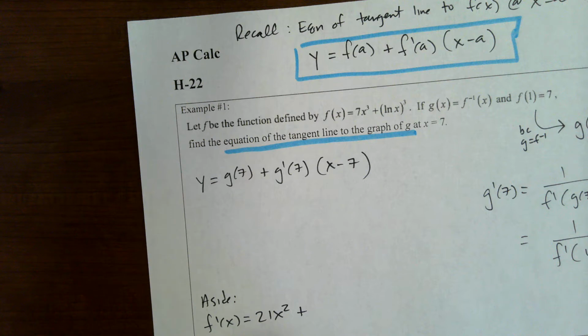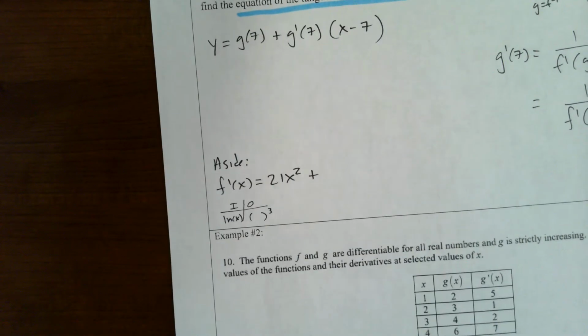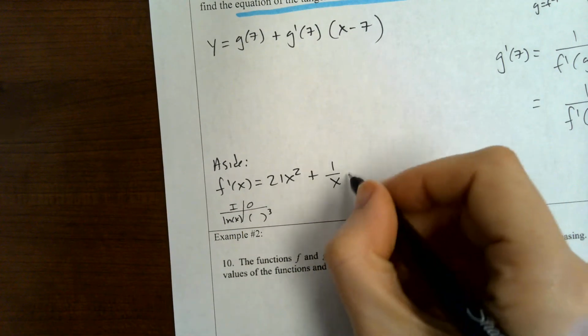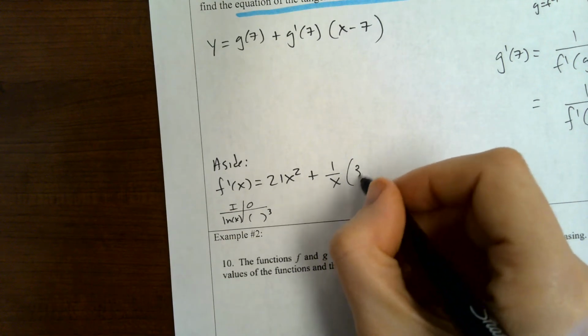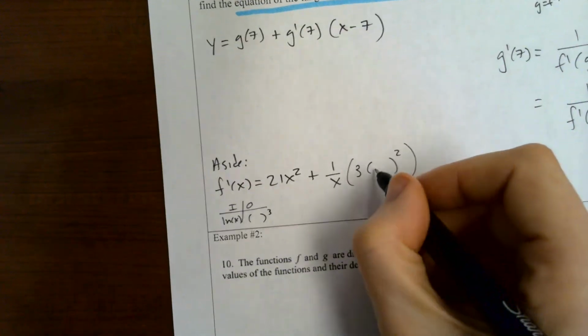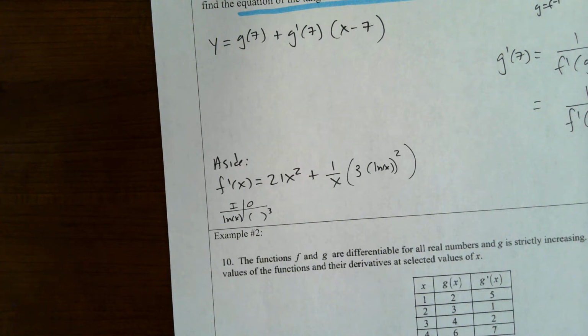The inside is natural log of x, the outside is blank to the third. Oh, you couldn't even see that. Blurry. Okay, so the derivative of the inside is 1 over x, and then the derivative of the outside is 3 blank to the second, and then natural log of x goes back in there.